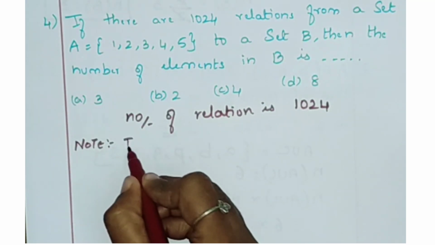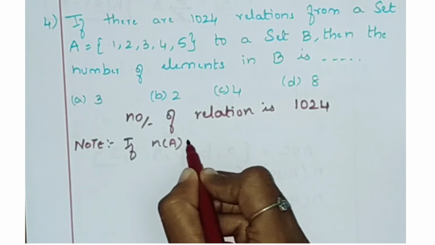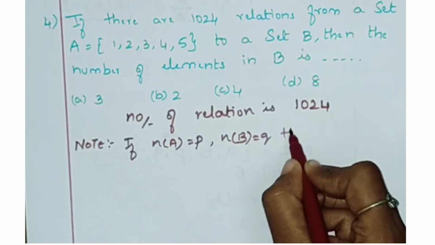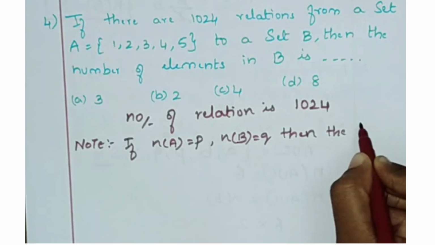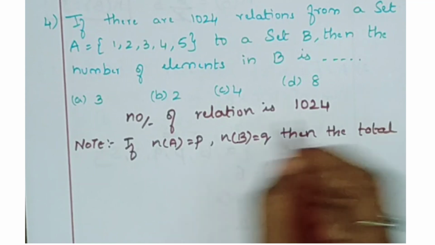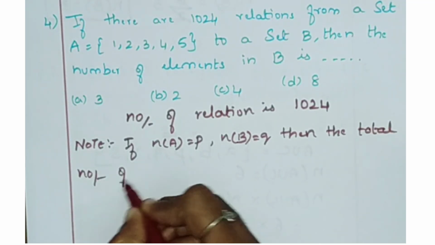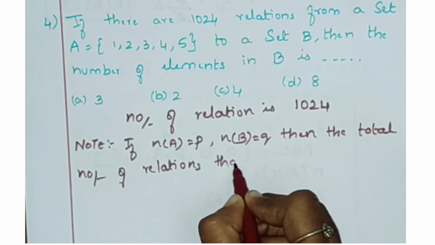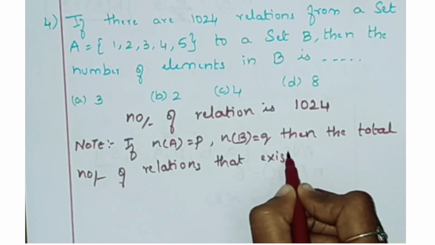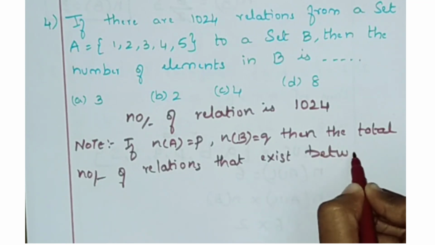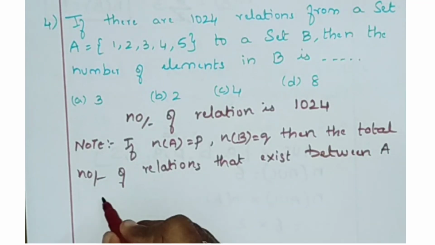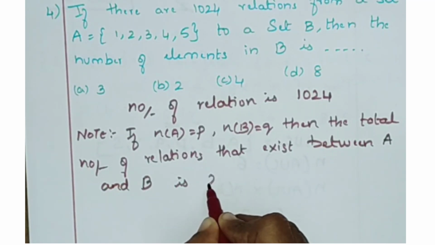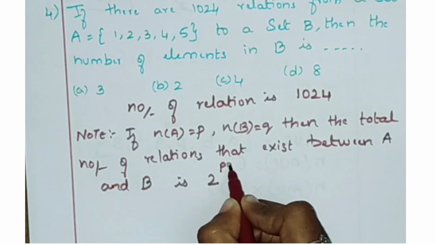Okay, next, what they have given. See, this one you have to note, we already know that if n(A) is P and n(B) is Q, then the total number of relations that exist between A and B is 2^(PQ).